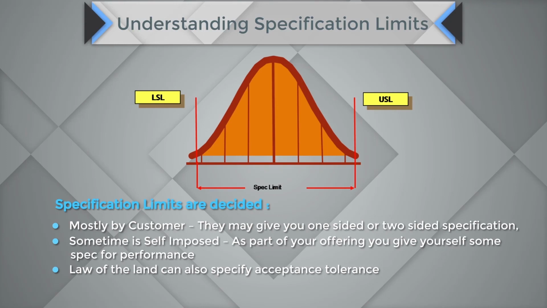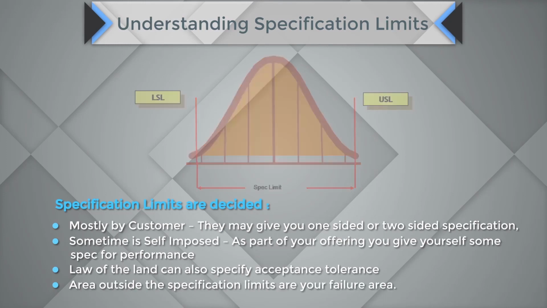And each time you cross the USL or the LSL, or whichever is applicable in your case, we are creating defects. So the entire gamut of study of process capability is about identifying how many times or what percentage you cross the specification given to you by your customer. Area outside the specification limit is your failure area.